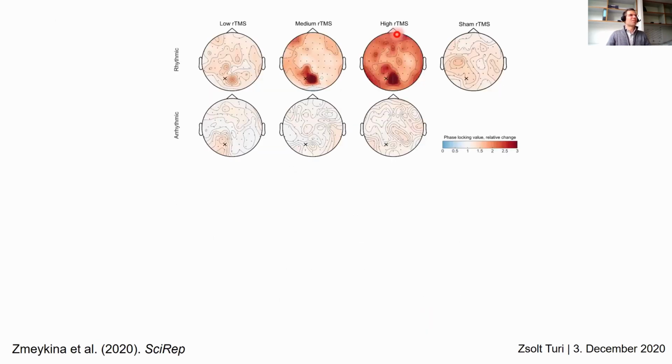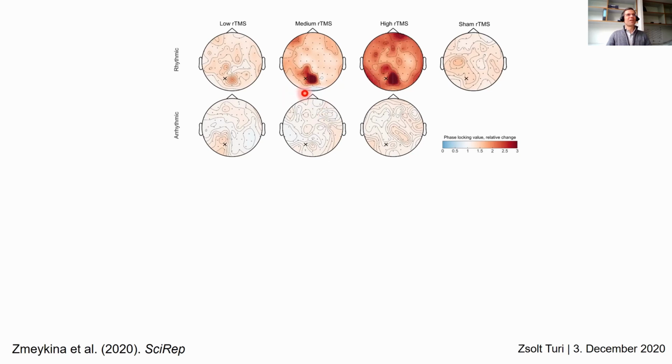And this is what we found. The analysis was performed by the PhD student of Professor Paulus. She is Elina Zmaikina, and she first estimated the phase locking value for the rhythmic and then for the arrhythmic rTMS protocols in the low, medium, and high conditions, as well as for the sham rTMS.